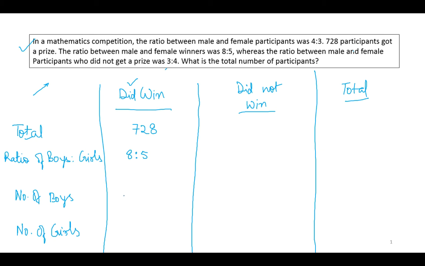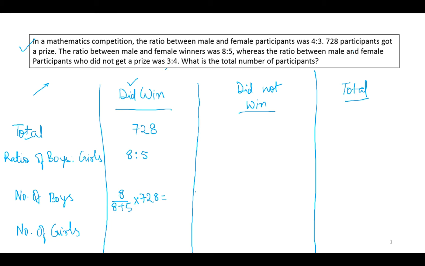So, for example, if you are calculating for boys, it will be nothing but 8 by 8 plus 5 multiplied with 728. All right. So, basically, we are taking the ratio, the number of boys by the total number that we are expecting. So, the ratio of boys to the total number of winners.